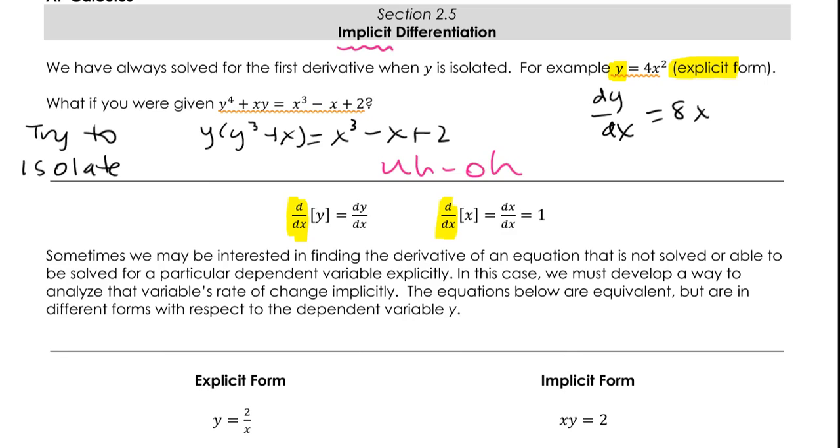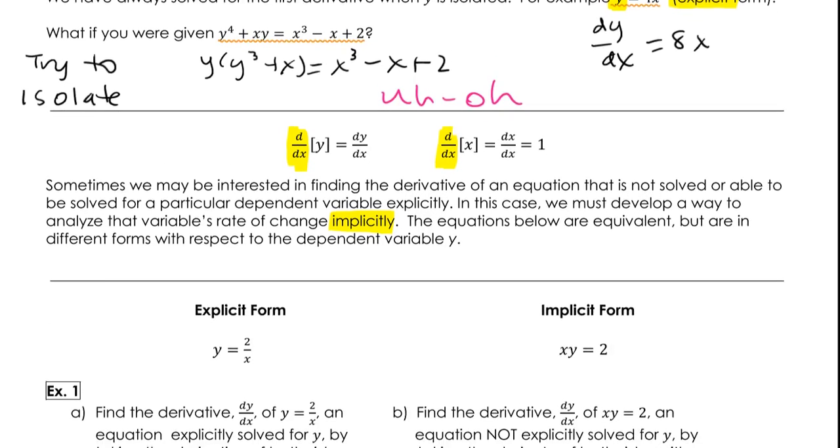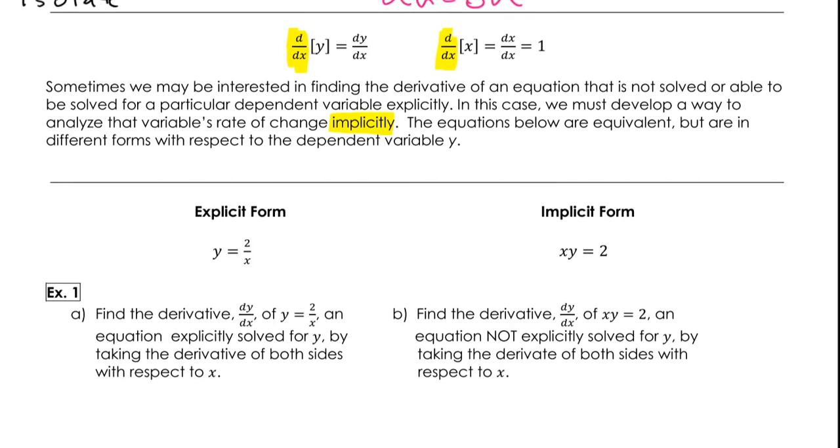Sometimes you're interested in finding the derivative of an equation that's not allowed to be solved for y. And this is when we start looking at implicit. We're going to do a side-by-side comparison of both of these functions. Do you see that looking at this, this is the explicit form. If I multiply both sides by x, I get xy equals 2, which is right here.